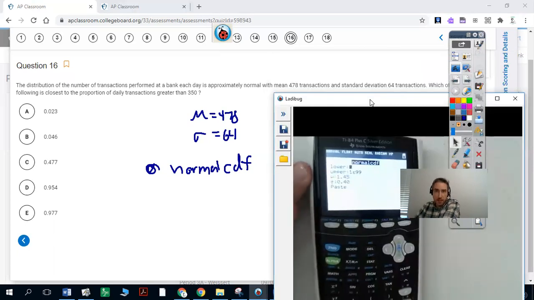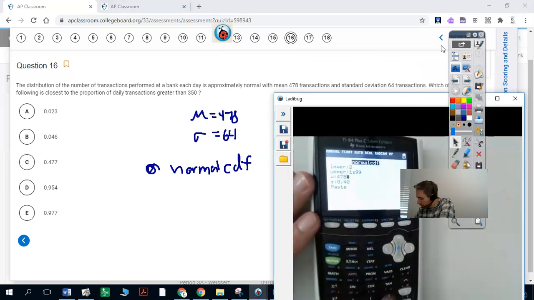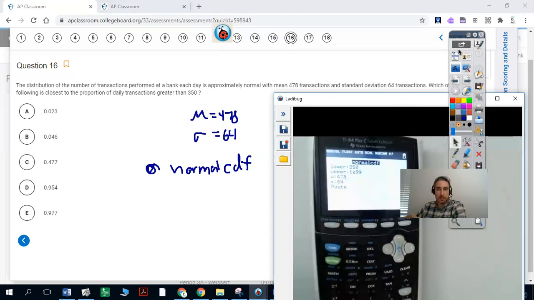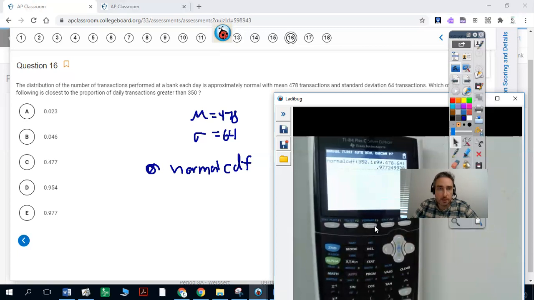Mean of 478, standard deviation is 64. Let's go ahead and put those in. The number of daily transactions greater than 350 means 350 will be the lower. The upper will be 1E99, that's positive infinity. 1 second comma 99. So that should be approximately 0.977, a pretty high number. So that's going to be this one right there, 0.977.